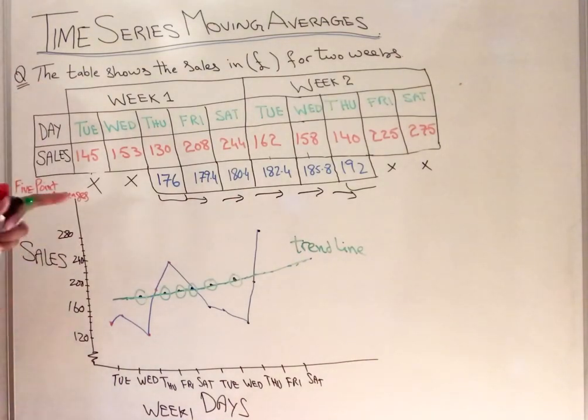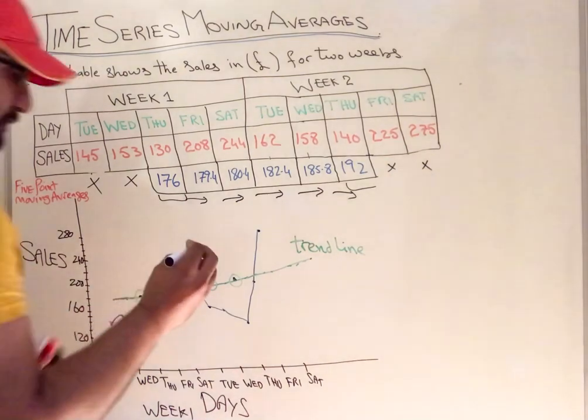Sometimes one day is up, one day is down. So now, what trend does it show us? We can say that the line of best fit shows a slight upward trend.